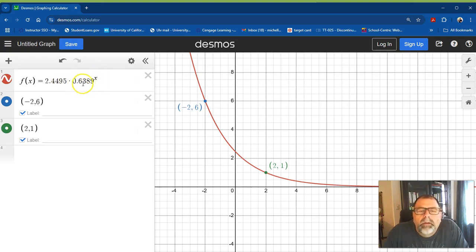So here's the function we found doing the algebra, and you can see it crosses those 2 points. The red line is exponential. This is, by the way, called exponential decay. We'll talk about that in a little bit because it's decreasing through time.